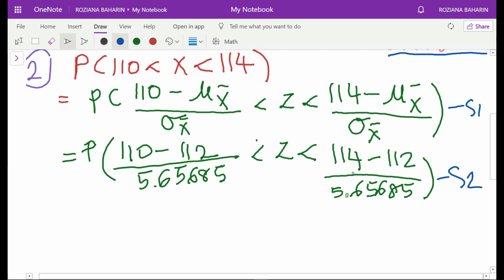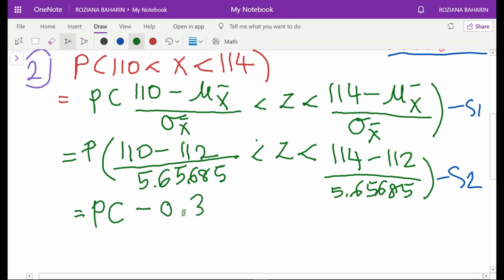After you plug in all these figures, you should do your calculation. How much do you get on the left side of your Z? It's obvious that 110 minus a bigger number gives a negative value.